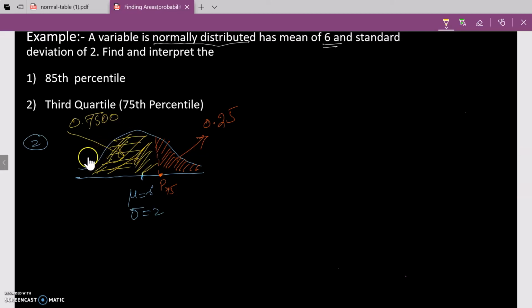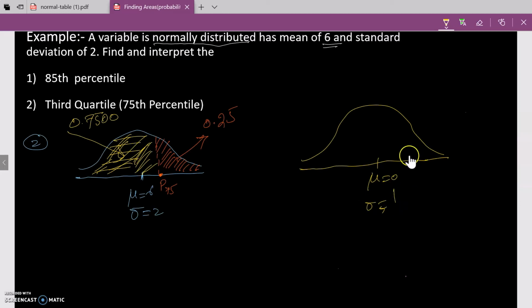Simple. So what I'm going to do first, I'm going to consider a normal curve here. Look at this normal curve. I'm going to take the standard normal curve in this situation, which has mean equal to 0 and standard deviation of 1. And I have to find the z-score such that this area is 0.25.